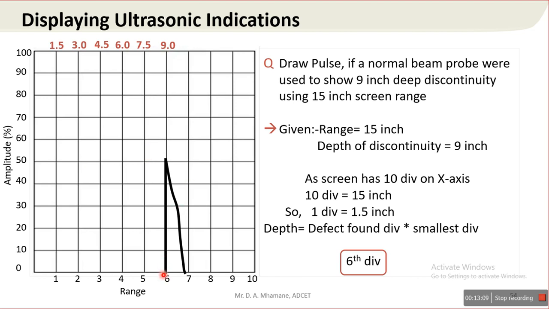So suppose a flaw is present inside the component and the pulse comes on the 6th division, and you set the range of the machine or range of the screen as 15 inch, then you conclude that the flaw is present inside the component at 9 inch depth. So this pulse gives us the location of the defect also.